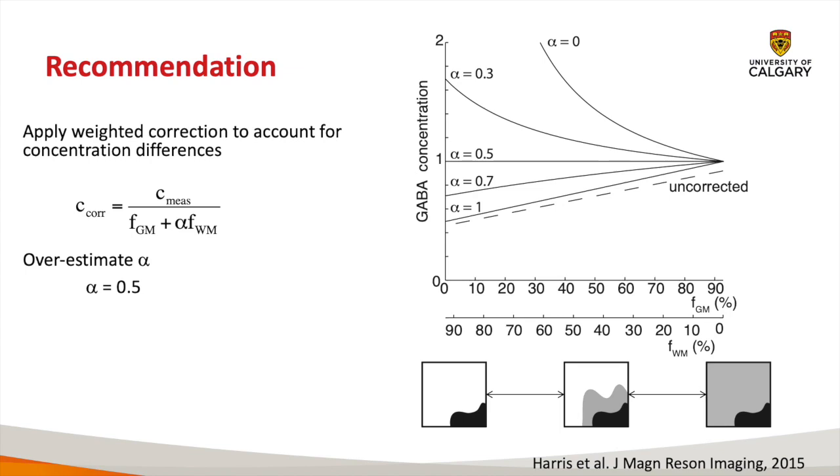But this also shows us that it's better to overestimate alpha, as shown by comparing the alpha of 0.7 to the alpha of 0.3. The alpha of 0.3 shows a much greater relationship between the fraction of gray matter in the voxel and the GABA concentration compared to the alpha value of 0.7. So it shows us that we should overestimate our alpha. Given that the literature and our own data suggest that alpha is around 0.45, we overestimate and recommend an alpha of 0.5.